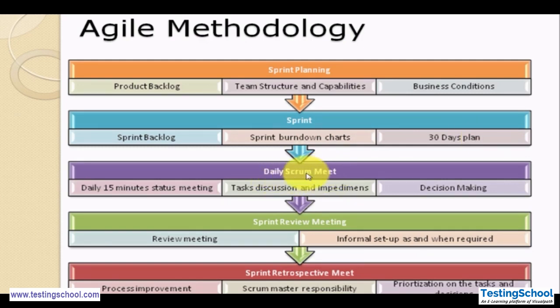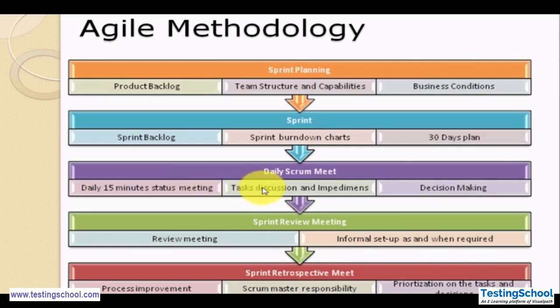Then we have the daily scrum meet. In the daily scrum meet, we have a daily 15-minute status meeting where every team member gives their status: what he has done yesterday, what he is doing today, and if he or she is facing any challenges.